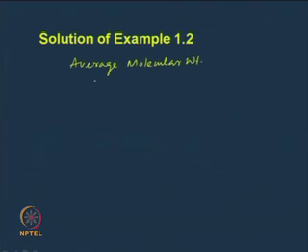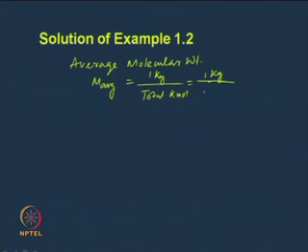So, M average is equal to 1 kg, which is the basis, divided by the total kmol, 0.0424 kmol.